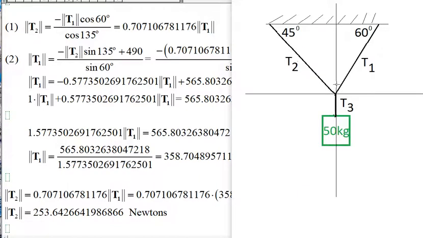And so once again, the tension force in this cable is 358.7, and then the tension force in this cable will be 253.64. And of course, for this cable right here, the tension force will be the 490 newtons that we got earlier.